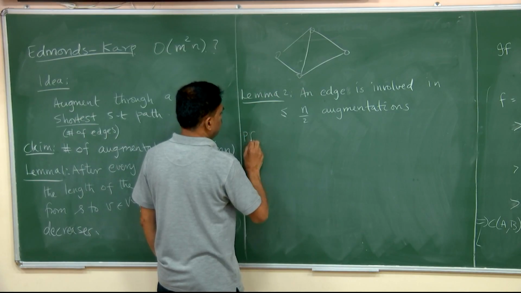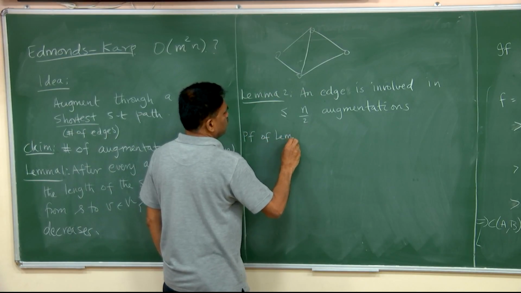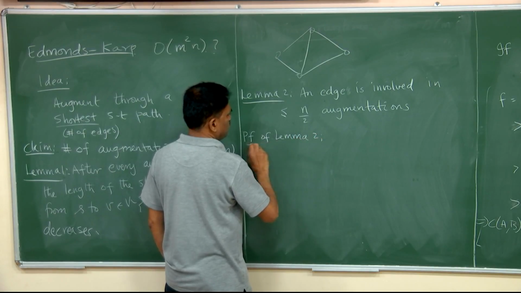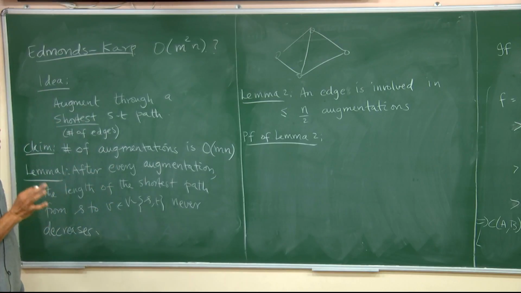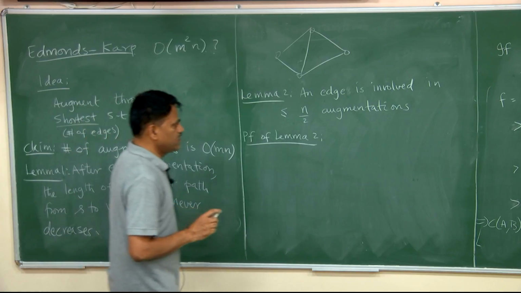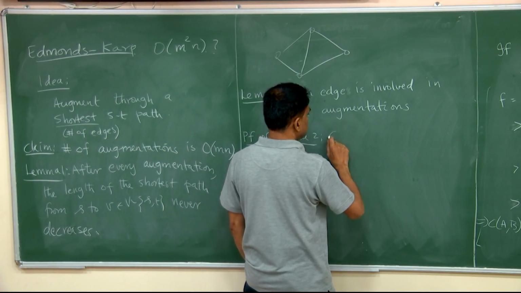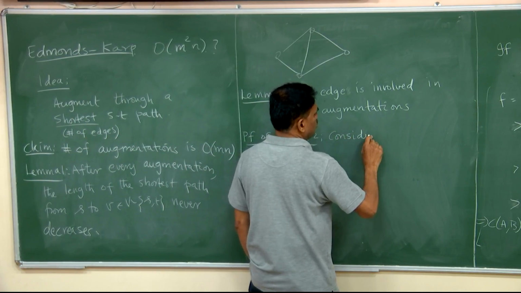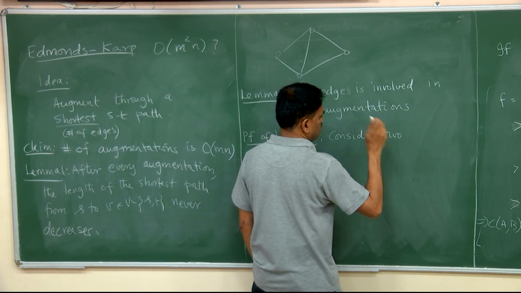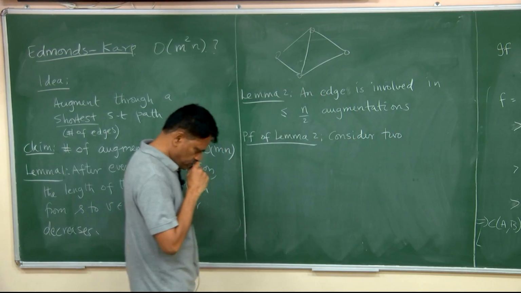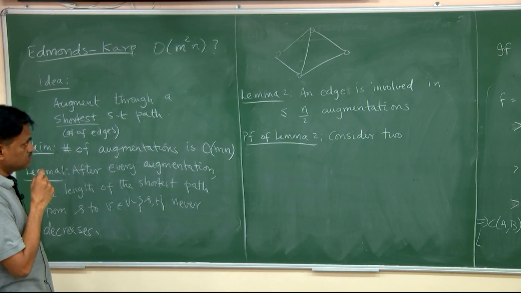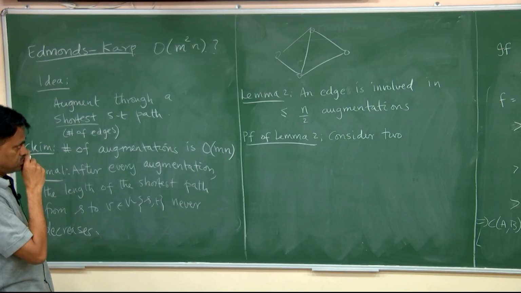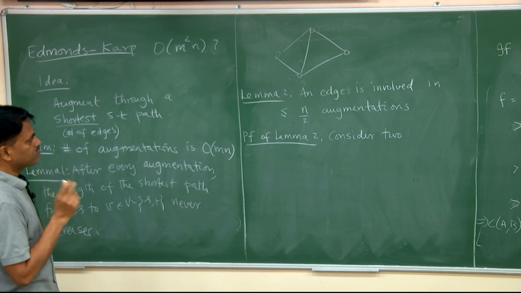Okay, so proof of lemma 2. And when I say an edge here, with the direction, right? There are order m edges. We're talking about direction. So no, let me change it.